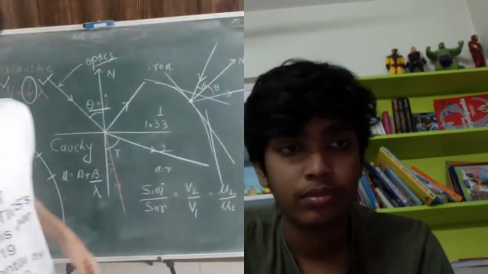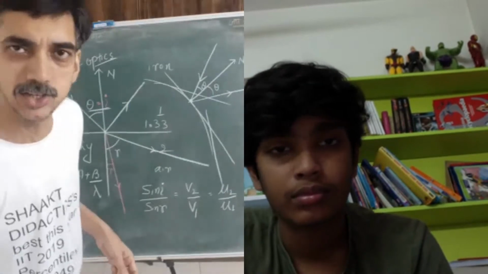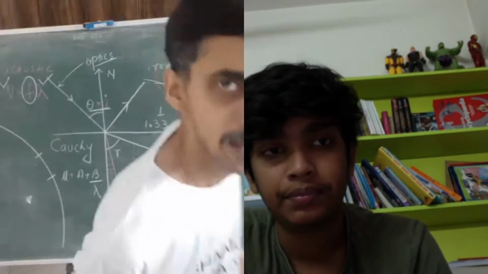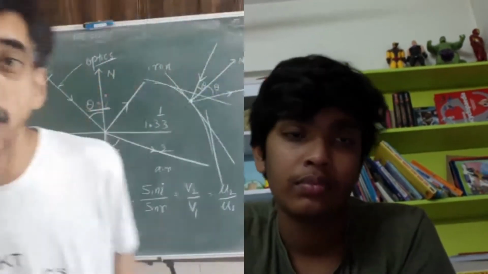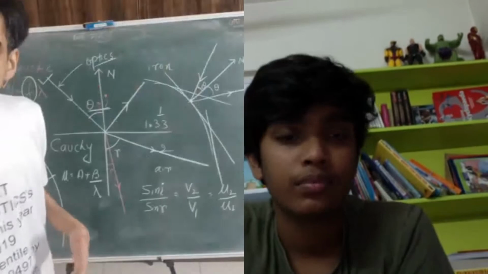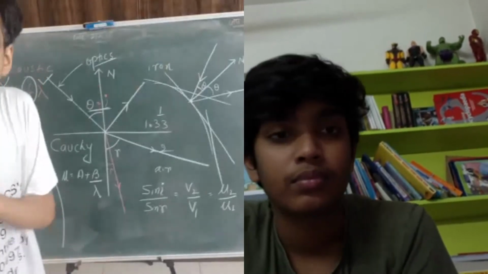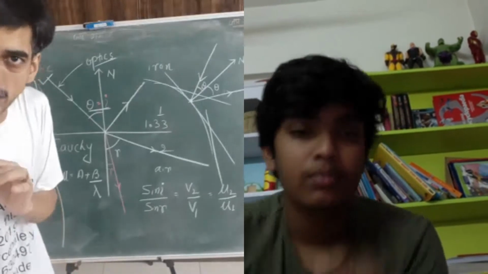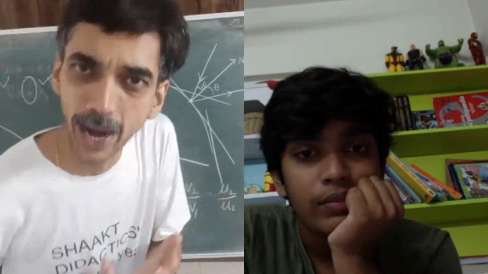Therefore, when we say mu of glass is 1.33, it is not an absolute statement. Clear? When we say mu of glass is 1.33, it is a relative statement. Generally, we take a ray which is the mean ray. Mean ray in the spectrum means yellow ray because yellow is nearest to white ray.